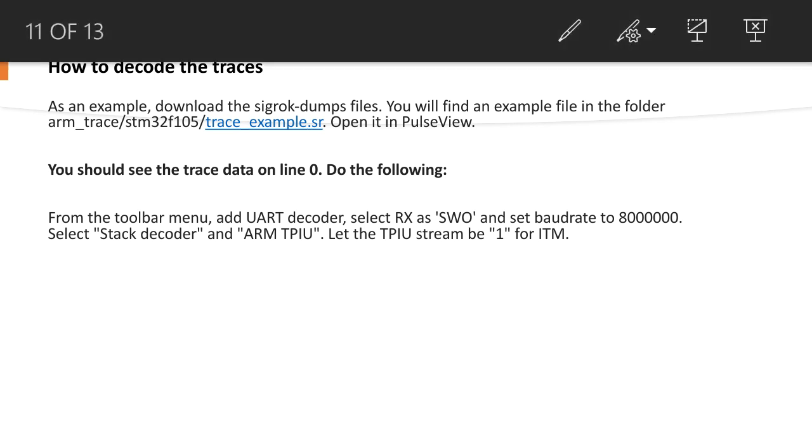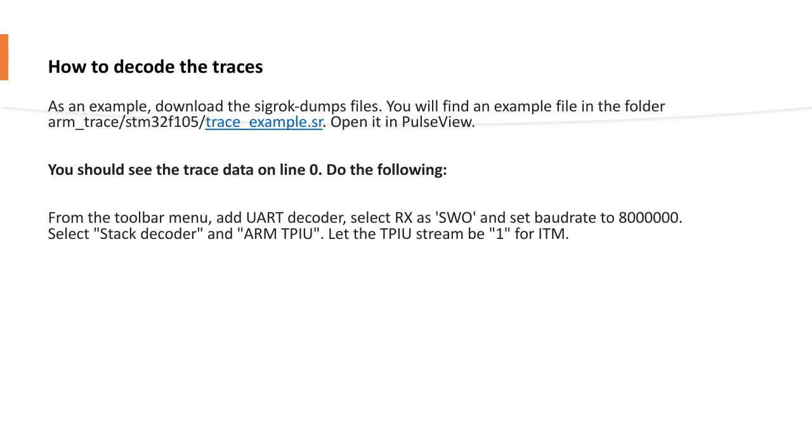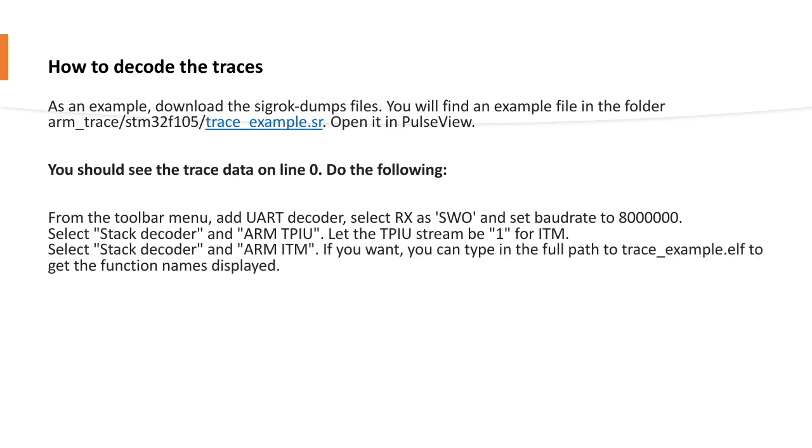Select the stack decoder ARM TPIU, stream 1 for ITM, and select the same stack decoder ITM this time instead of TPIU. If you want to, you can type in the full path to the trace.